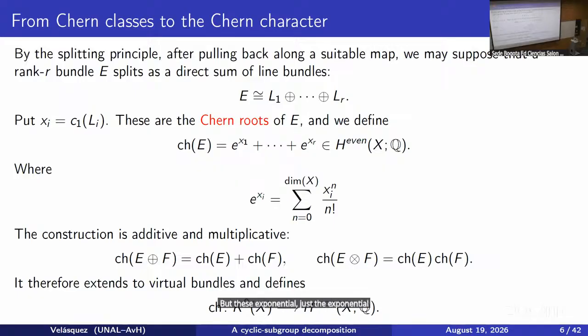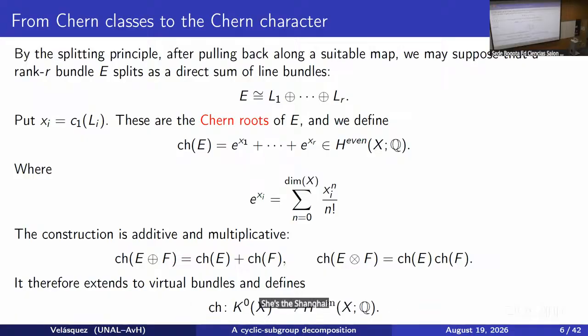But in this case, this sum is finite if we suppose that X is a finite dimensional space. For example, a manifold. If X is a manifold, then this sum is finite. Then the Chern character is a sum of exponentials of Chern classes. Okay, this is the Chern character.